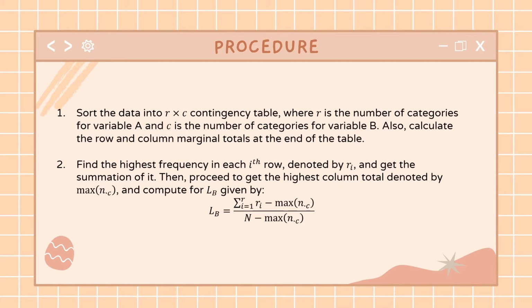Then, proceed to get the highest column total, denoted by max n dot c, and compute for L sub B. Ito yung parang lambda of B natin. Pero in this case, we denote this as L sub B, which is equal to the summation of R sub i from 1 up to R minus max n dot c, all over N minus max n dot c, the maximum column total.